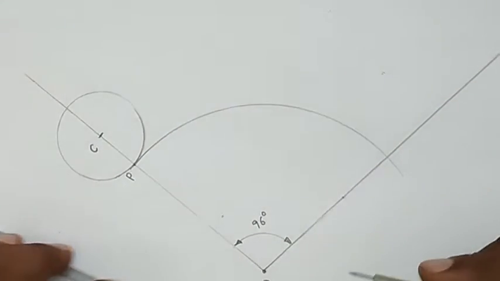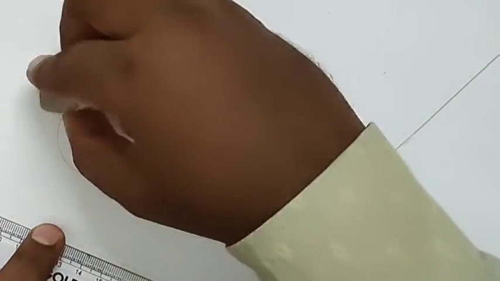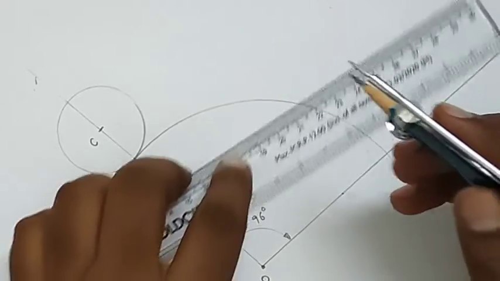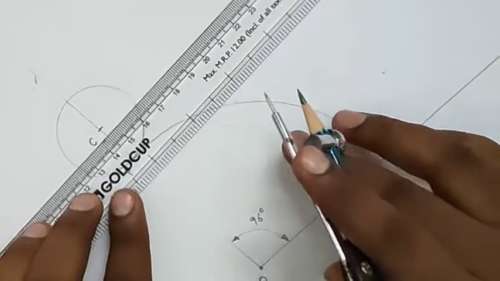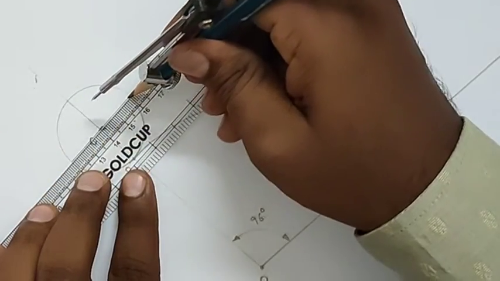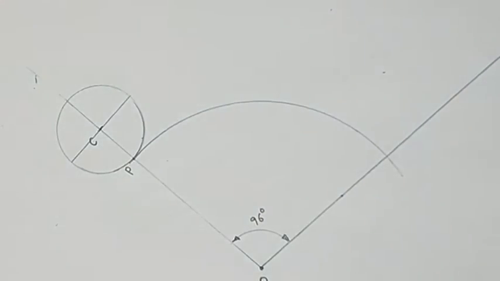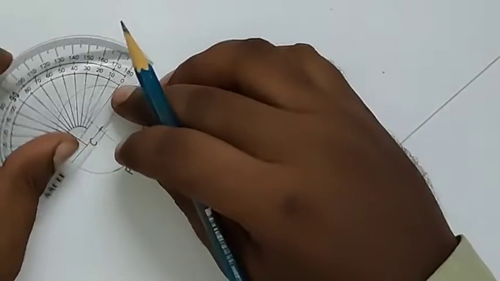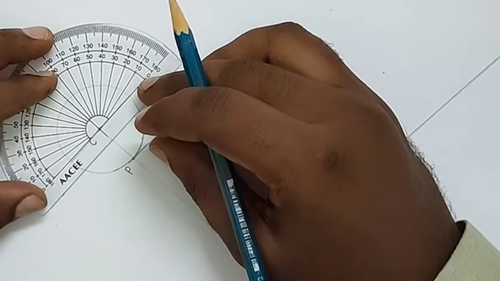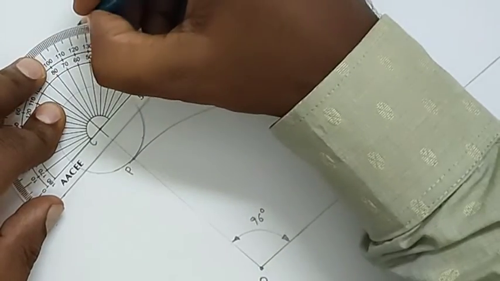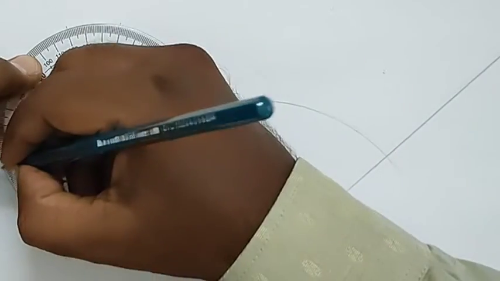After drawing the circle, we can erase the extended line. Because the circle is in an inclined direction, divide this circle into 12 parts, each angle being 30 degrees.